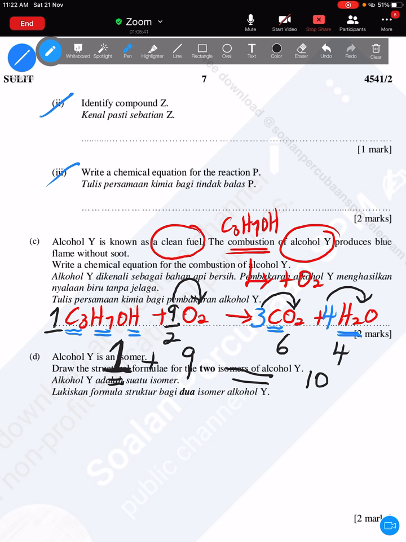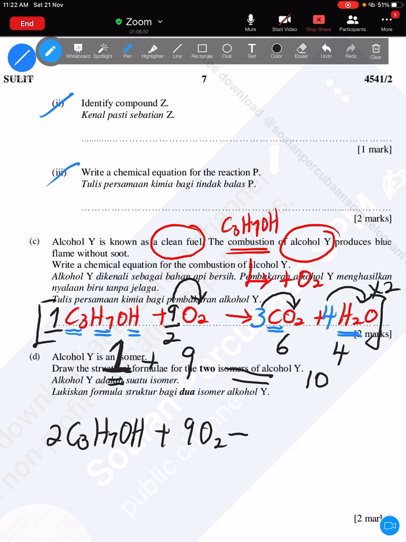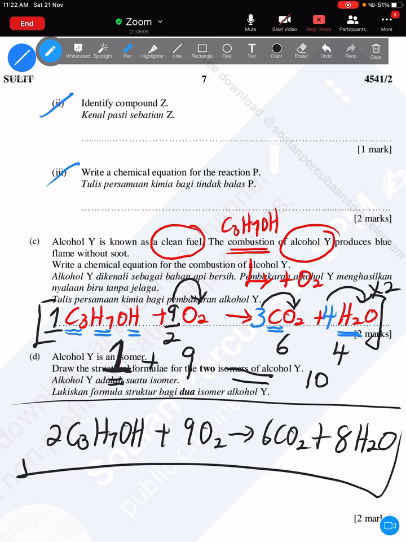But in carbon compounds, I really advise my students, please multiply this by 2. Then you get 2C3H7OH plus 9O2 gives you 6CO2 plus 8H2O. Bingo. Final answer.